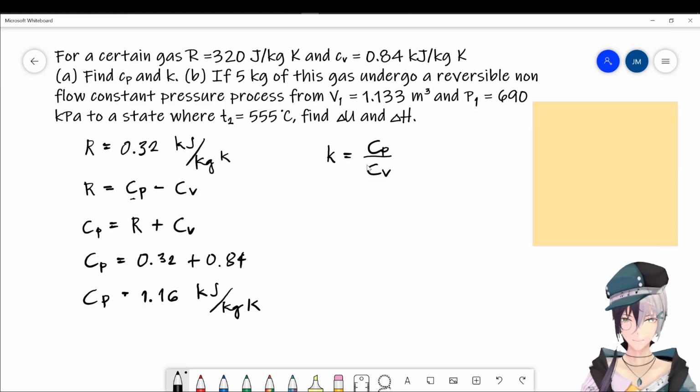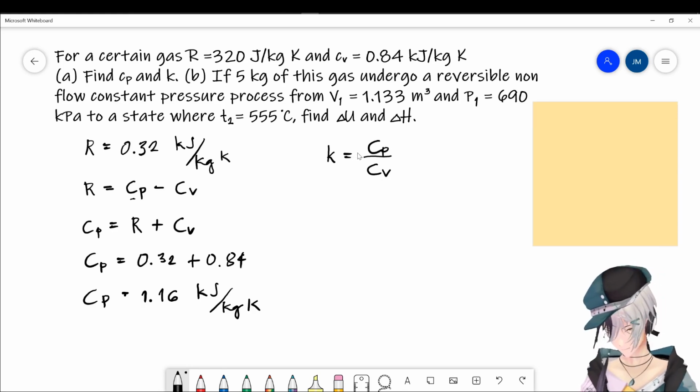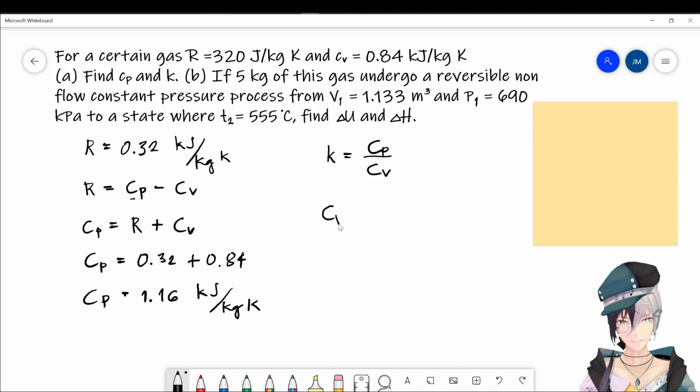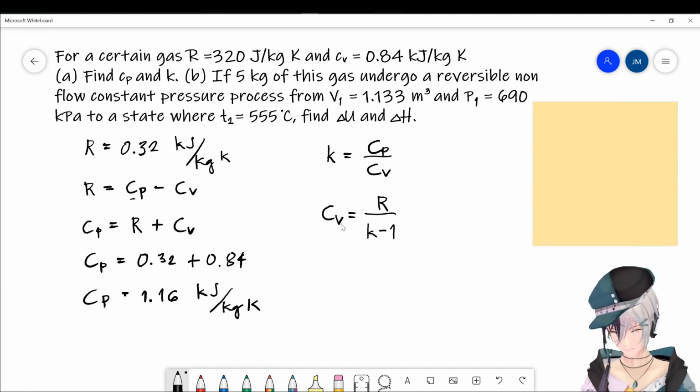So instead of using this equation, I will use this relationship wherein K is expressed in terms of R and specific heat at constant volume.